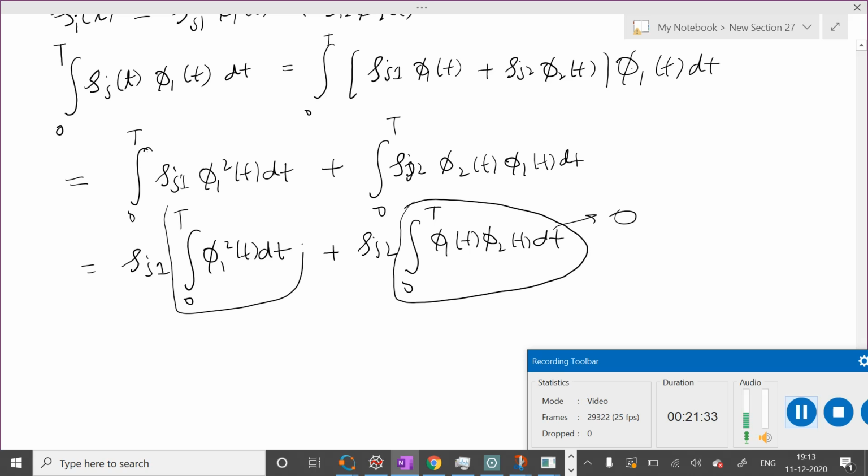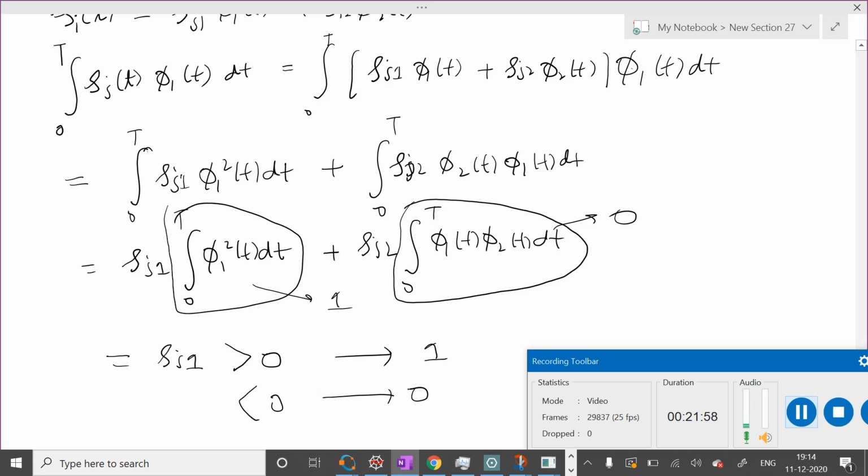And the integral of phi 1 square will be 1 because they are of unit energy, so I get si1. Now if si1 is greater than 0, then we declare that this part of the bit, which is the odd bit, is binary 1, right? And if it is less than 0, we declare it is binary 0.